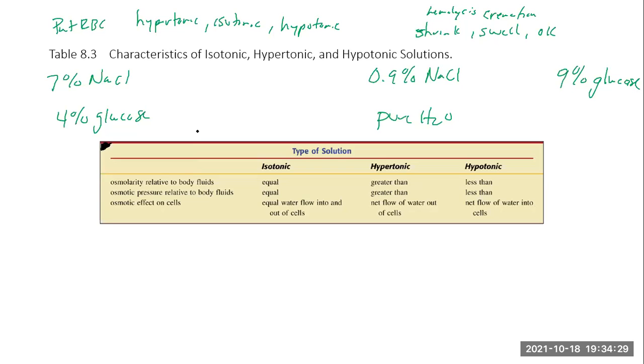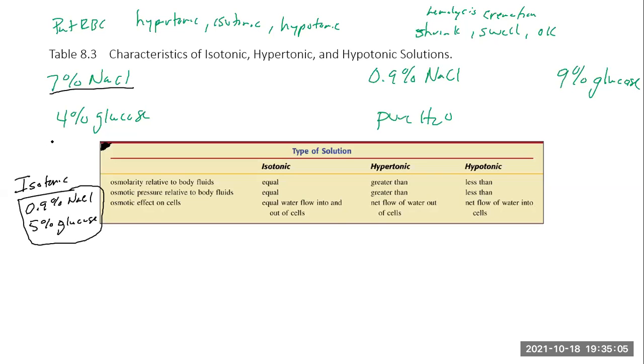To do this, it's a good idea to keep in mind what we talked about, that basically an isotonic solution is 0.9% sodium chloride, or an ionic type compound, or saline solution, or a 5% glucose. So those are obviously important numbers, as they will allow you to answer questions like these. So when we look at 7% sodium chloride, it's as simple as 7% is a larger number than 0.9.